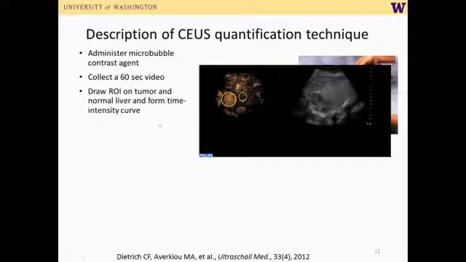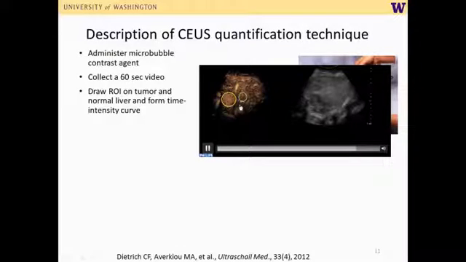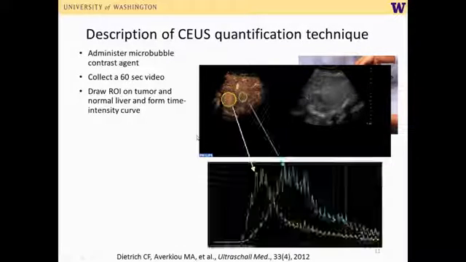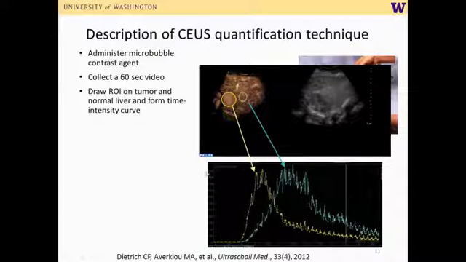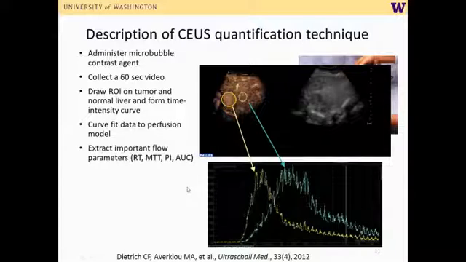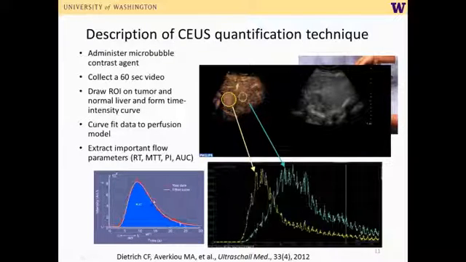And we can draw a region of interest around the tumor and one around the normal parenchyma. From those regions of interest, we can extract time intensity curves, as the ones that you see here, and we can fit those time intensity curves to an indicator dilution model and extract the important flow parameters, which are rise time, mean transit time, peak intensity, and area under the curve.